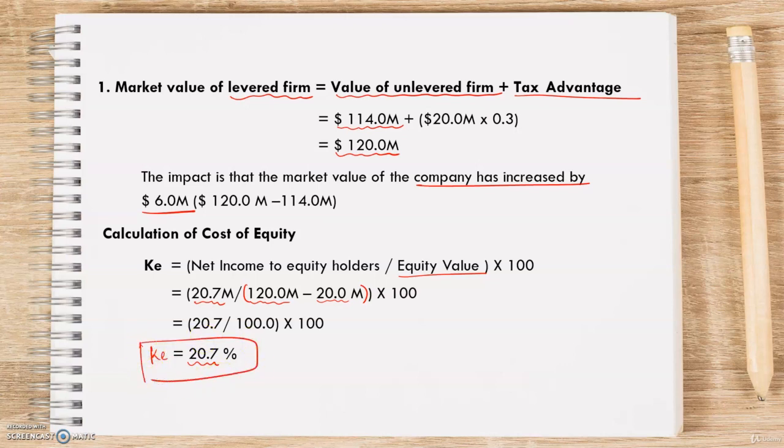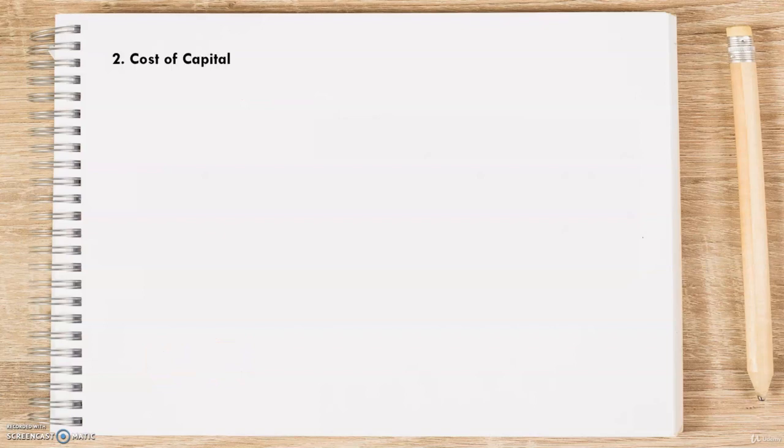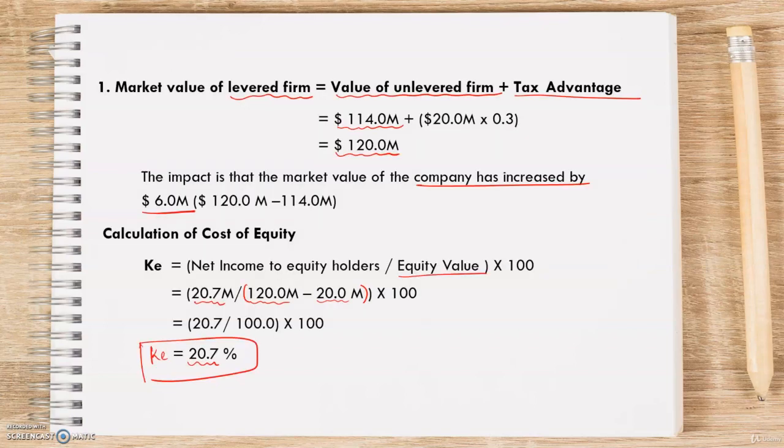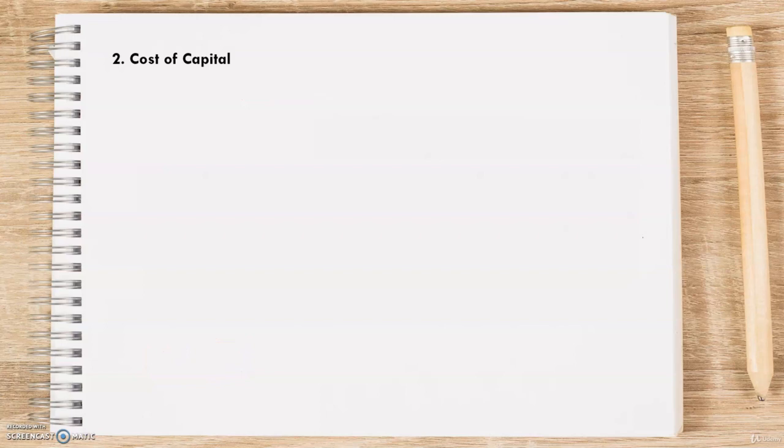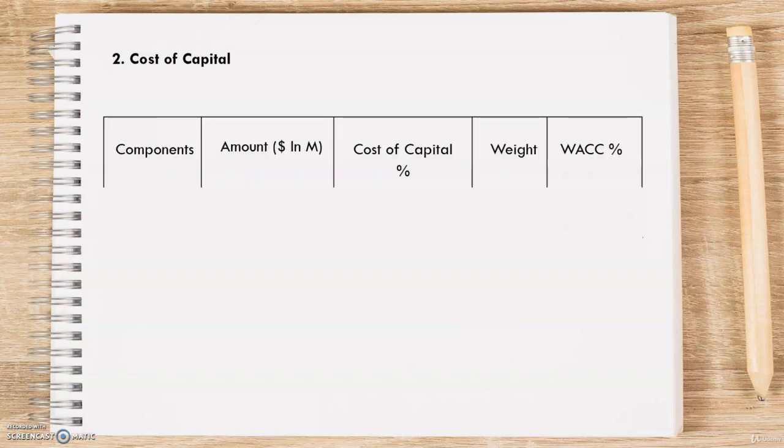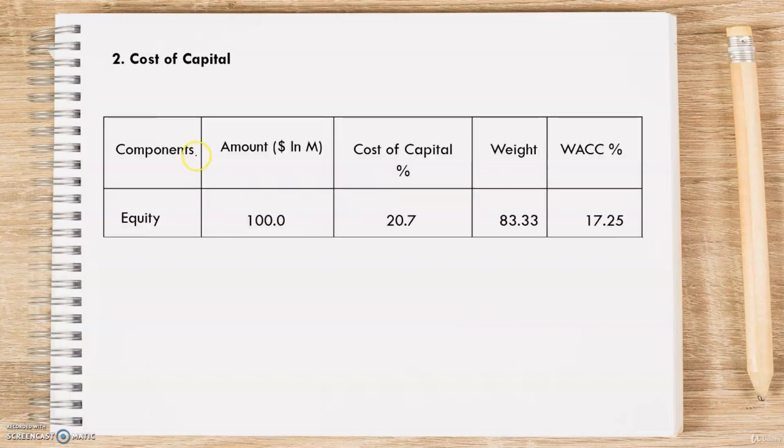Earlier it was 20%, right? So what is the conclusion? Earlier the cost of equity was 20%. Now that has increased. Let us also see the impact on the overall cost of capital, because you have to give weightage for the debt that has come into the picture. So we'll have the structure like this. Components: equity. What is the amount? 100. That's what we derived. And the cost, we have calculated, is 20.7.